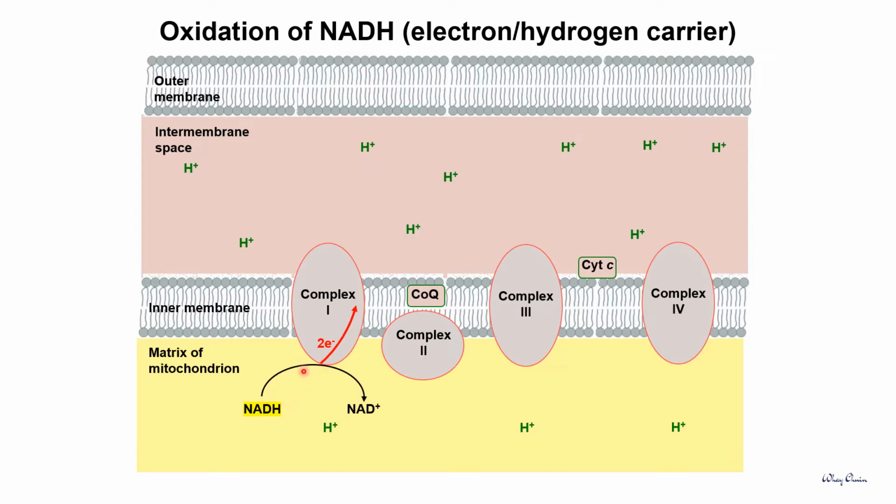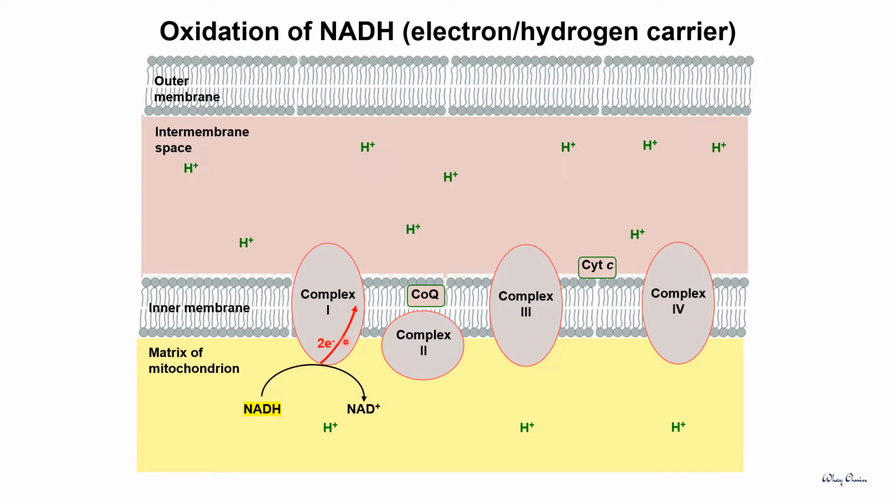A redox reaction occurs because NADH is oxidized to become NAD+, and complex 1 is reduced when it accepts the electrons from NADH.